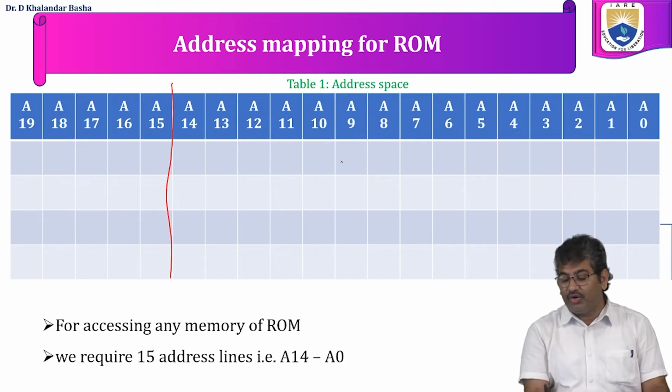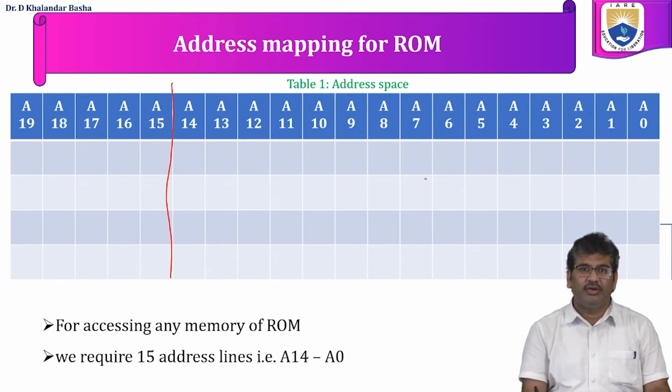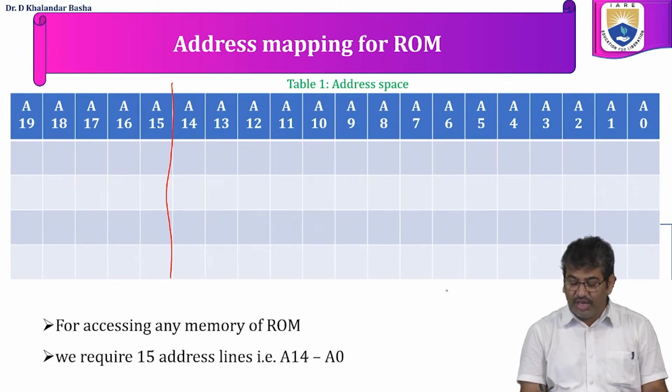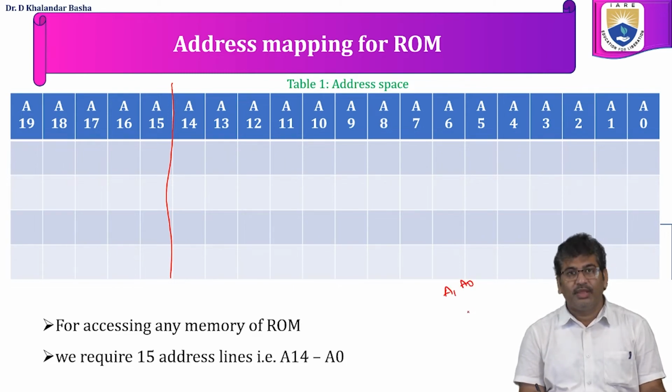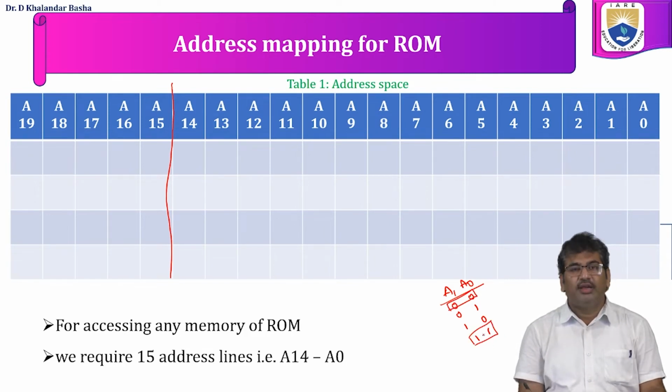For this, we are going to write each and every bit with the possible combinations. So if I have two bits A1, A0, the possible combinations I can write are 00, 01, 10, 11. The least value, by providing each and every bit, is equivalent to 0. The maximum value we will get by providing each and every bit is equivalent to 1.